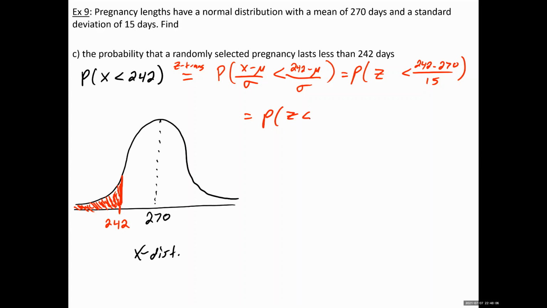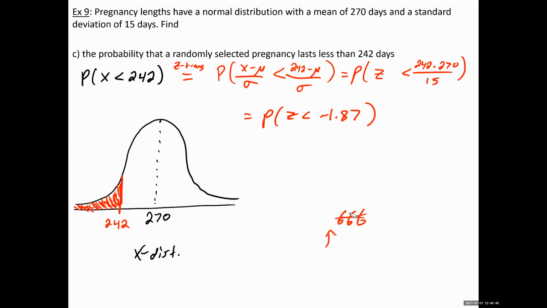So 242 minus 270, you get the answer, divide by 15. Okay, I'm getting negative 1 point... Okay, so it's negative 1.86, a lot of sixes. You have to round to the two numbers after the decimal, but because the next one is bigger than 5, you have to add 1 to that 6. It's going to be negative 1.87. Okay, so you got to make sure you round it correctly. If you just erase this and write negative 1.86, you're looking up the wrong number.